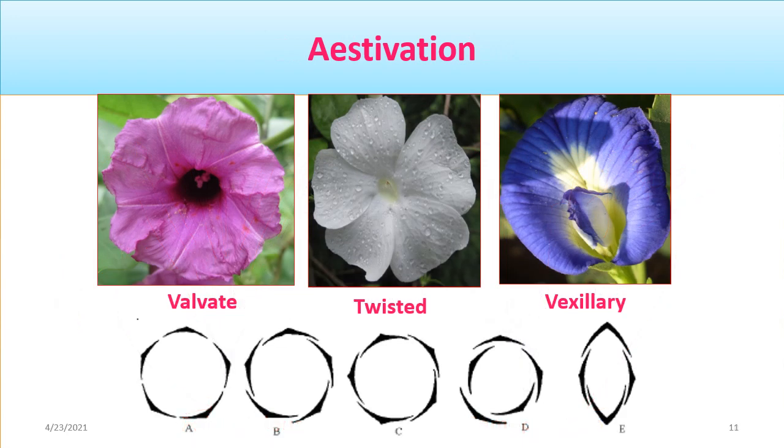Similarly, we are studying estivation. As we already discussed, there is no overlapping. This is valvate type of estivation. In this twisted type of estivation, we have overlapping. This is inner, this side is going out, this is in, this is going out, this is in, this is going out, this is in, this is out, this is in, and this is out. And here you can see, this is the standard.